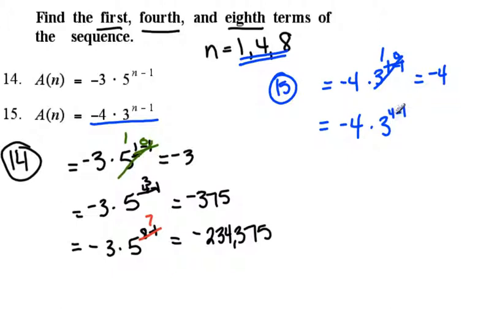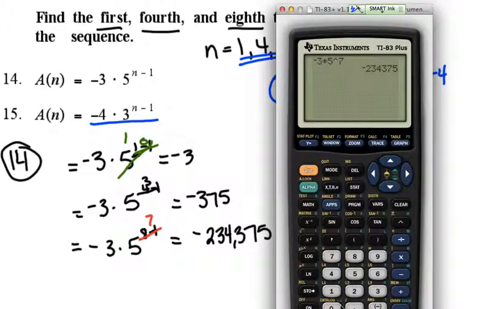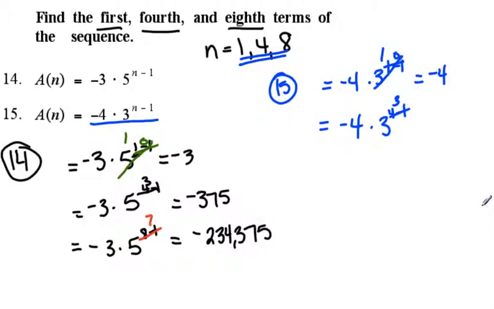This is going to give us 3. Negative 4 times 3 to the third is negative 4 times 27. Oh, I got it now. Negative 108. So negative 108 is going to be the answer for this one.